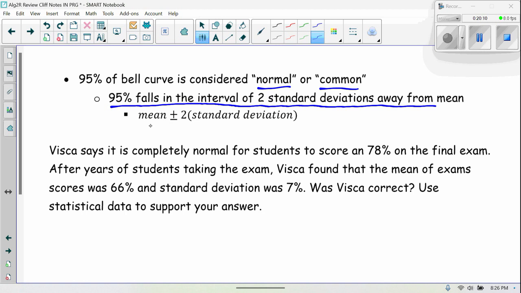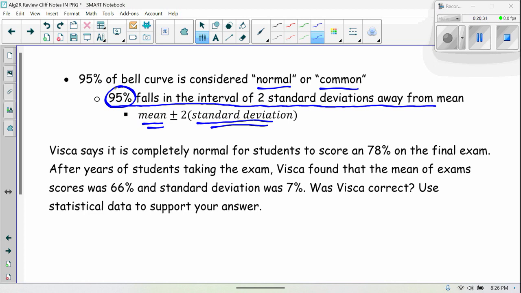So if they give me the mean, even if it's a little font on a chart, and they give me the standard deviation, you can calculate your 95% confidence. You can calculate everything that falls within normal averages. So I've got this example here.